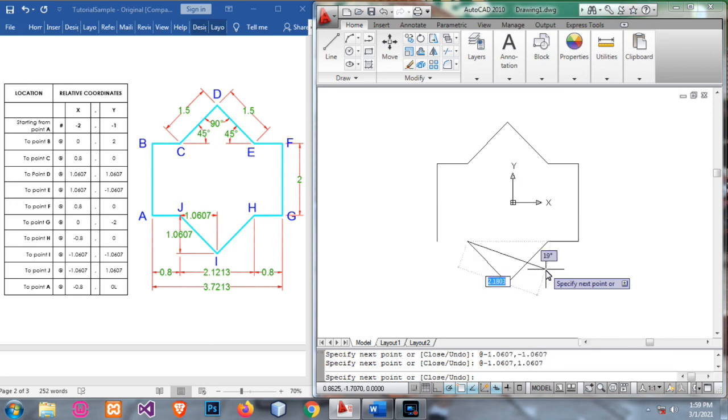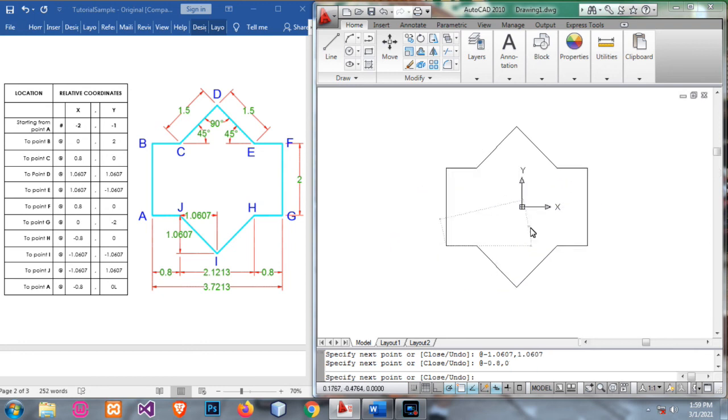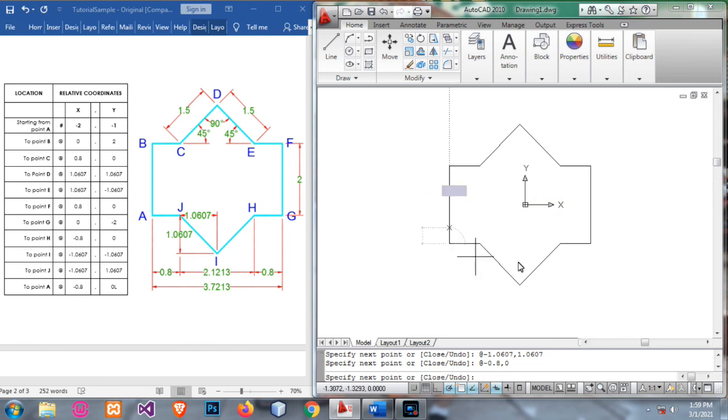Next, we have the last segment. From J to A, we have negative 0.8, then comma, 0. Then press enter. So now we are done drawing the object using the relative coordinates. Just press the escape key to cancel the command.